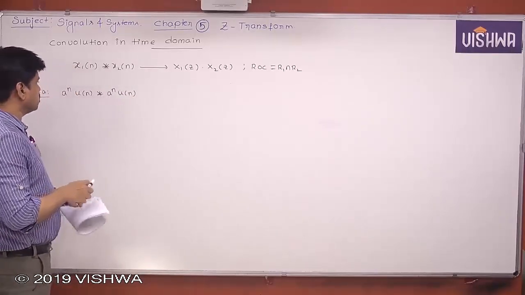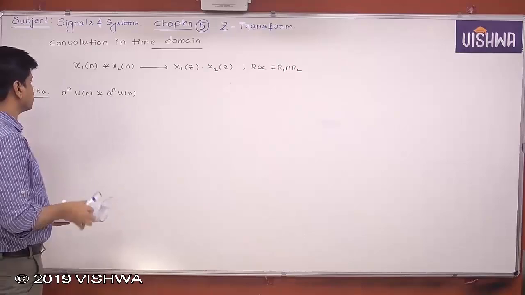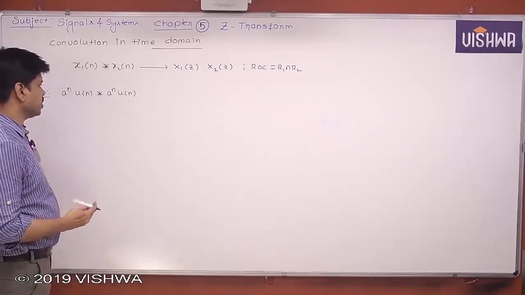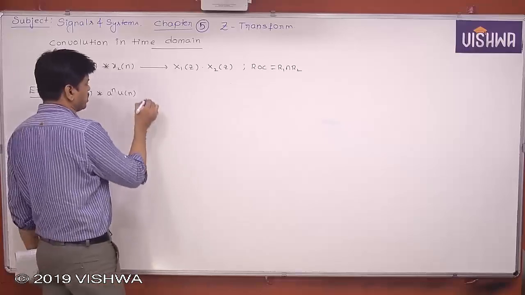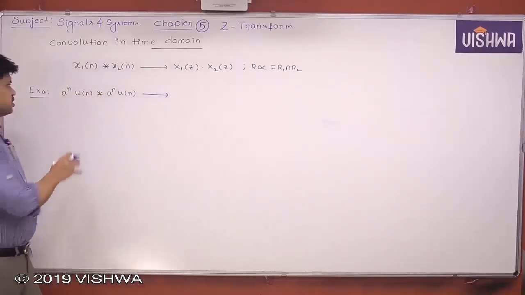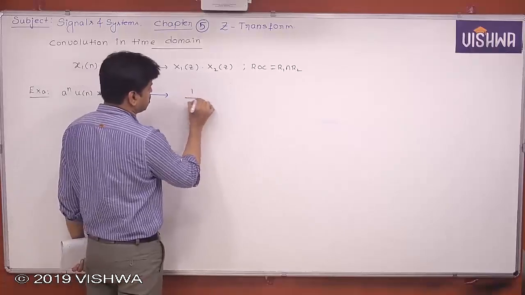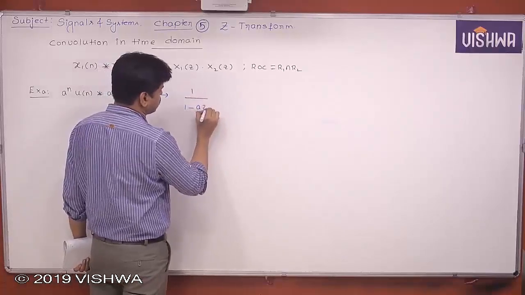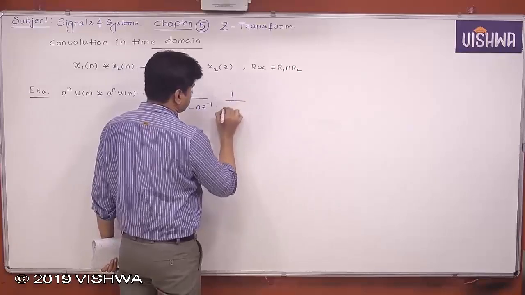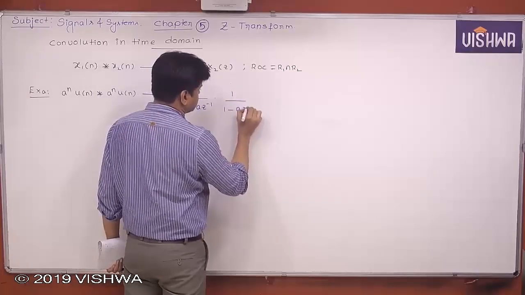For this, we know that it is going to be n plus 1 a power n u of n. Whether it is going to give you the correct answer or not, let's see. If I find the Z transform for this, it is going to be 1 by 1 minus a z inverse multiplied with 1 by 1 minus a z inverse.